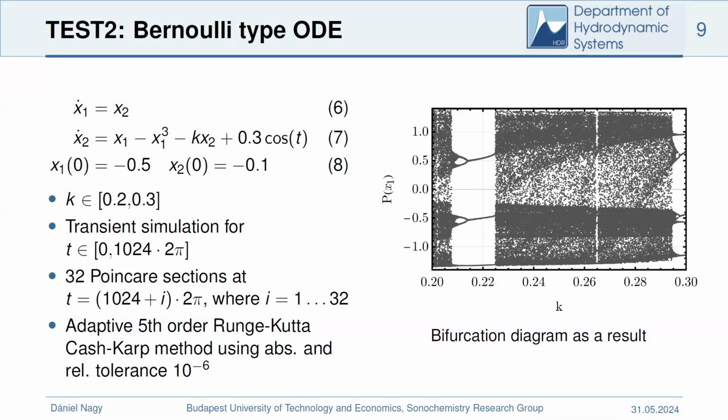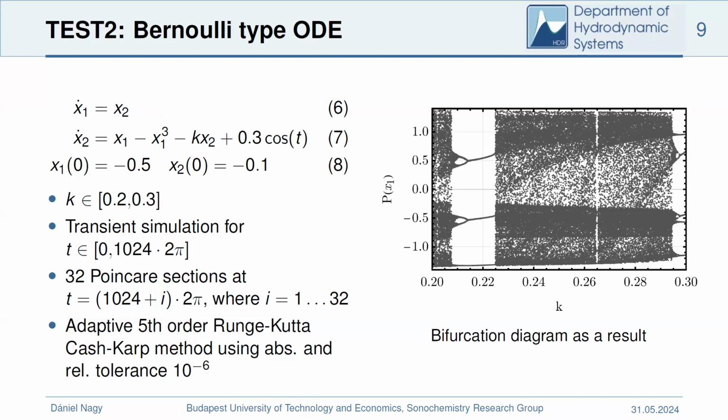The other is a little more interesting. This is the Duffing equation. It's a second order differential equation with a forcing term, and there is a parameter k. And based on the parameter k, we have bifurcations. So here in the system, what we can see, for example, for this 0.22, we have a periodic orbit. This is a Poincare section.